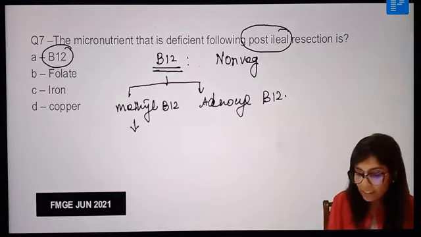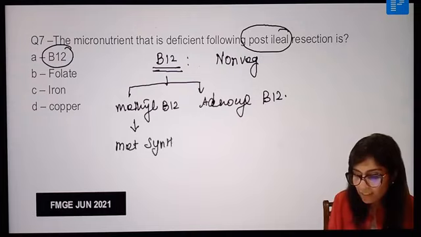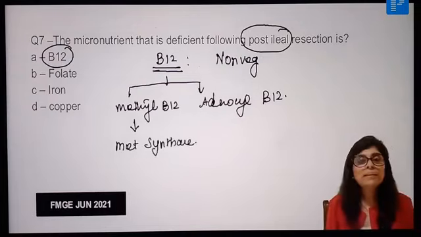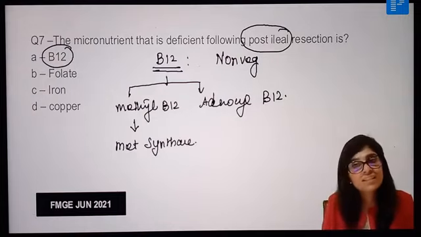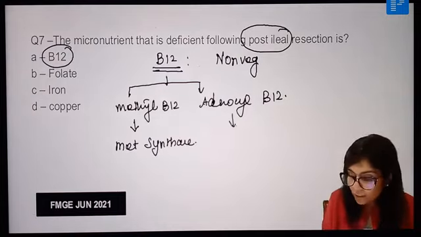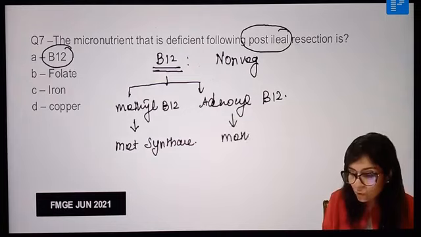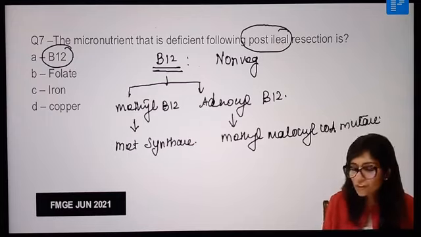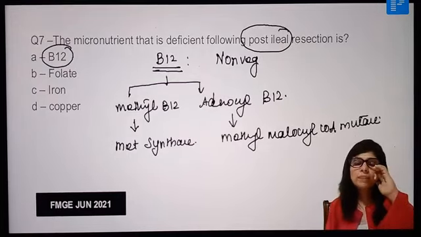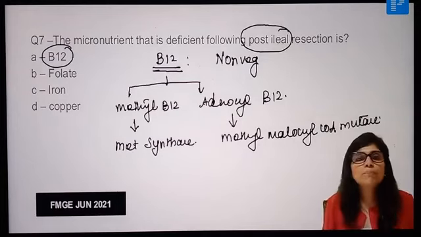Methyl B12 is necessary as a coenzyme for methionine synthase. Easy to remember, right? Adenosyl B12 is necessary as a coenzyme for methylmalonyl-CoA mutase.